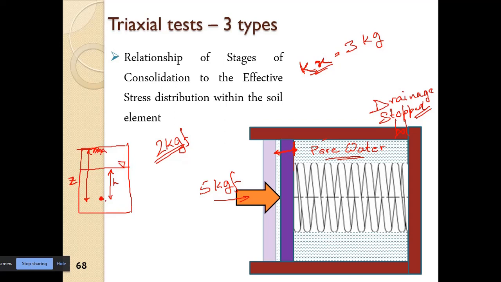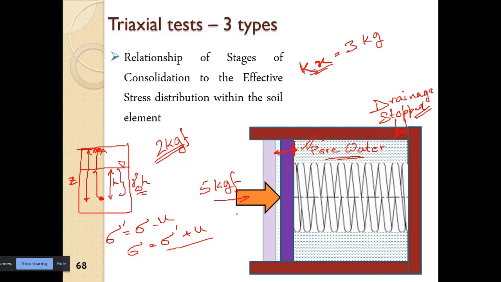Here we have a total stress which is equal to the weight per unit area of everything on top, minus the pore water pressure, which is the unit weight of water into the height. So we have sigma dash is equal to sigma minus u. Alternatively, sigma is equal to sigma dash plus u. So this is the case which is happening here.